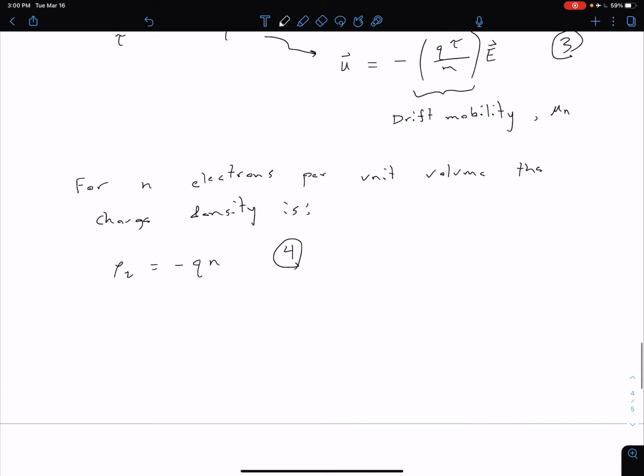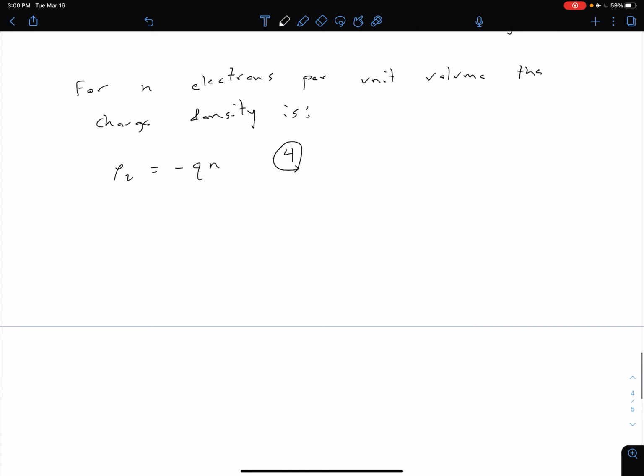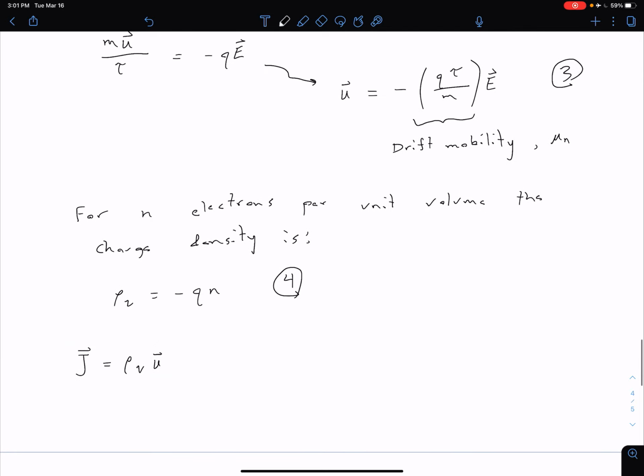Now we can take equations 3 and 4 and plug them into the general expression that we saw in the previous video for our convection current. Remember, we said that was a really general case we were going to use for conduction current as well. So J is equal to rho v times velocity. That was our general equation from the previous video, and now we plug in equations 3 and 4.